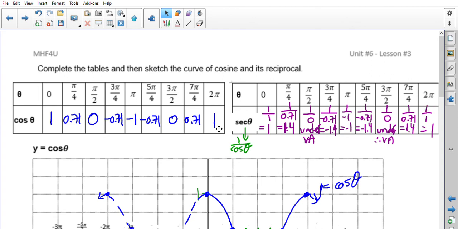And then 1 over cos at 2 pi is going to be 1 over 1, so we get 1.